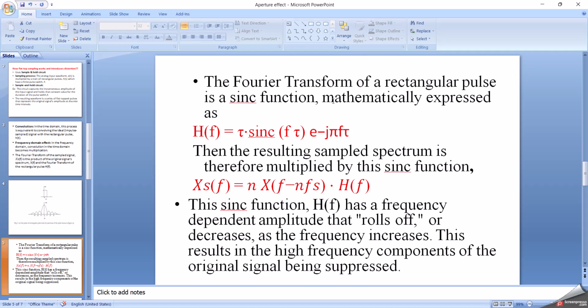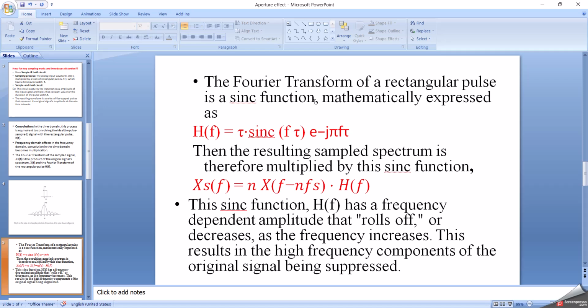We need the Fourier transform of the rectangular pulse, right, to multiply it with our message signal, here to multiply it with the original signal spectrum X of f. So we are finding here the Fourier transform of the rectangular pulse.